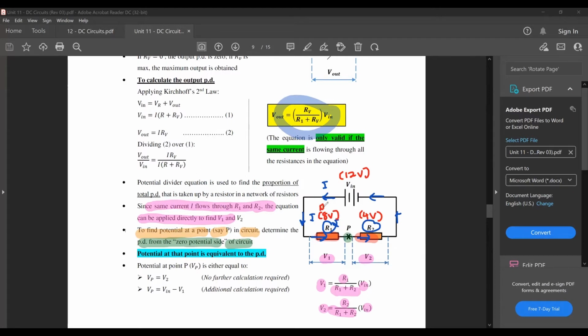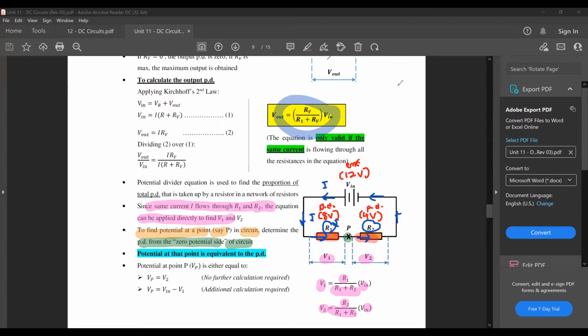This one is PD, this one is PD, and this one is EMF. The potential here, it'll be easier to find the PD from this side.